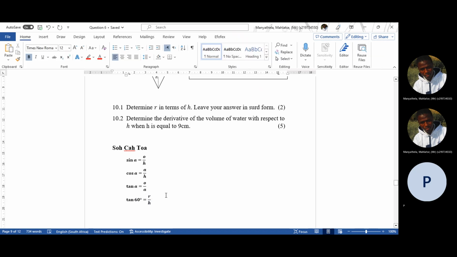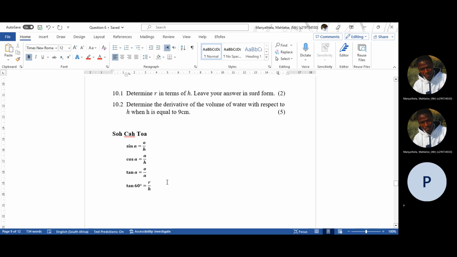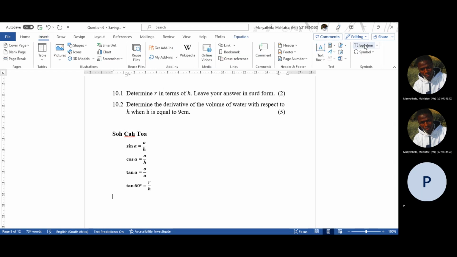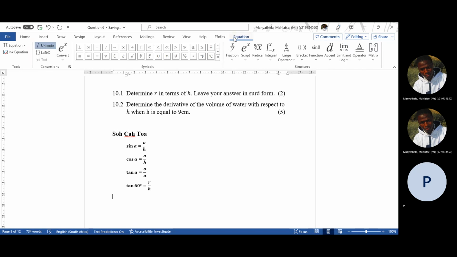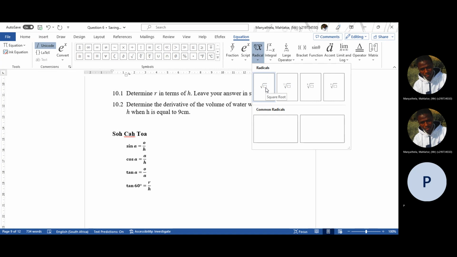60 degrees is a special angle. So you can use the Pythagoras triangle to determine the value of tan 60. So from the Pythagoras triangle, tan 60, it's how much?